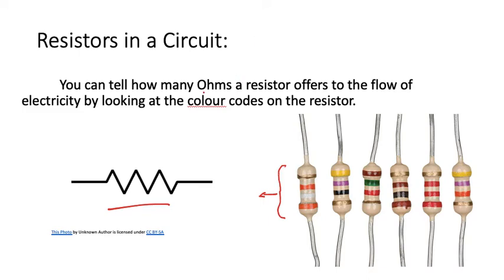You can tell how many ohms are in one of these resistors by the different colors that the code is showing you on the side of a resistor. We're not going to get into how to read resistors in this class, but it certainly is an interesting concept that when you look at a resistor, you can tell exactly how many ohms are in that resistor based on its color.